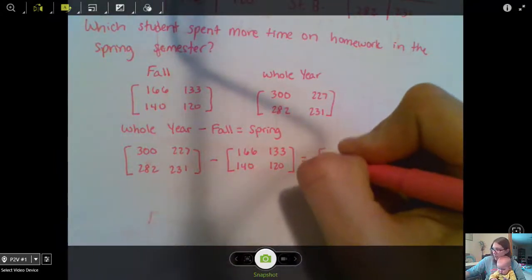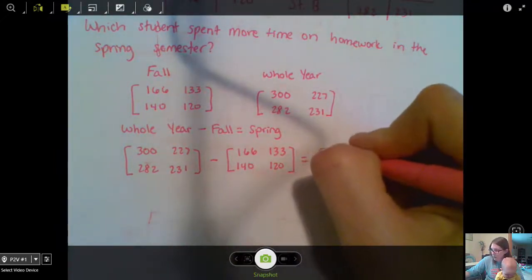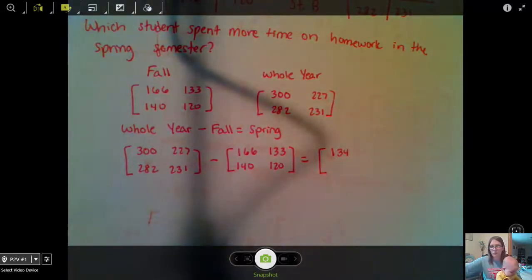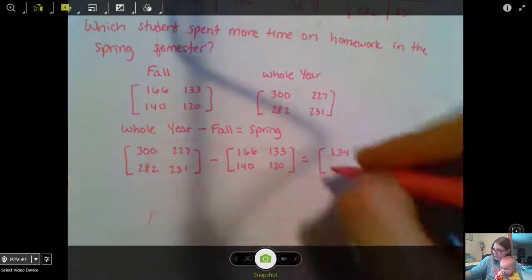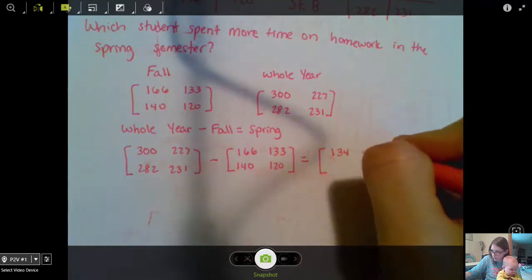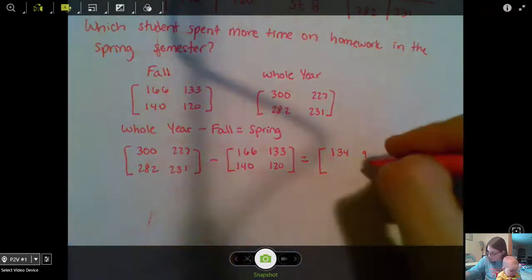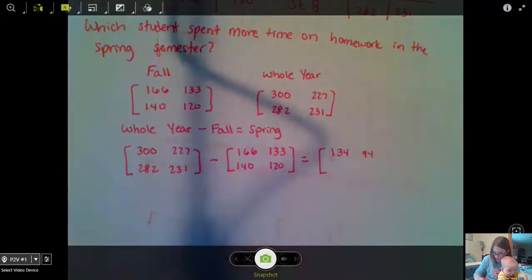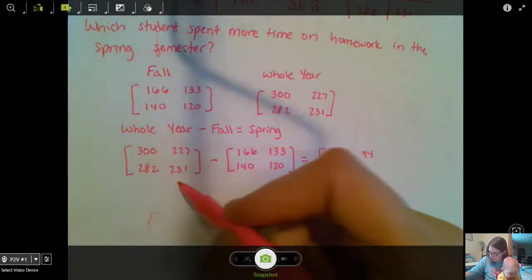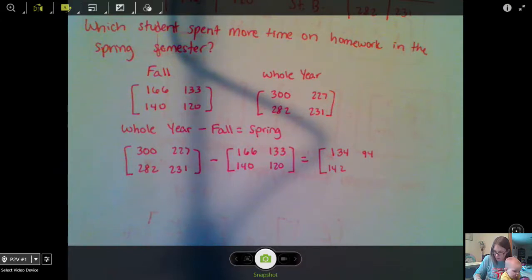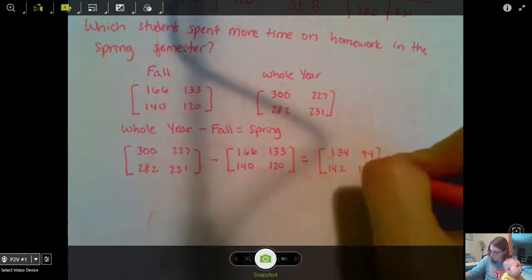So 300 minus 166 would be 134. 227 minus 133 is 94. 282 minus 140 is 142. And then 231 minus 120 is 111.